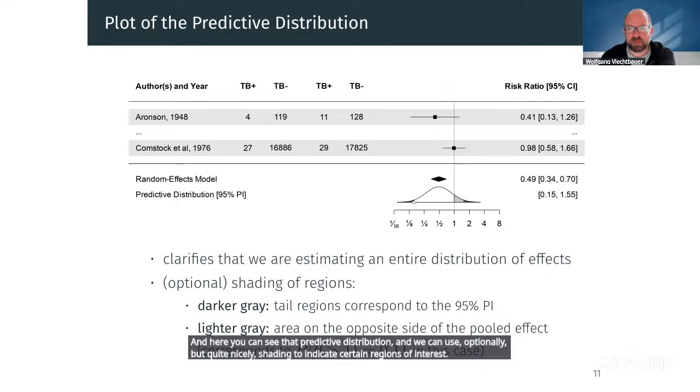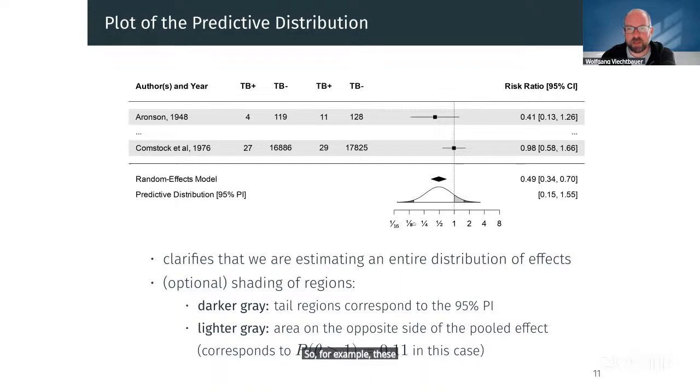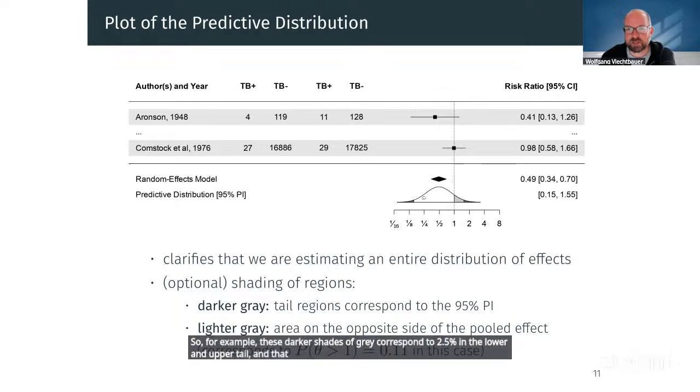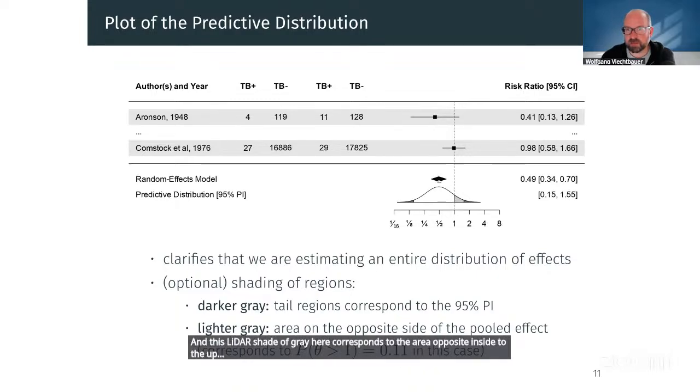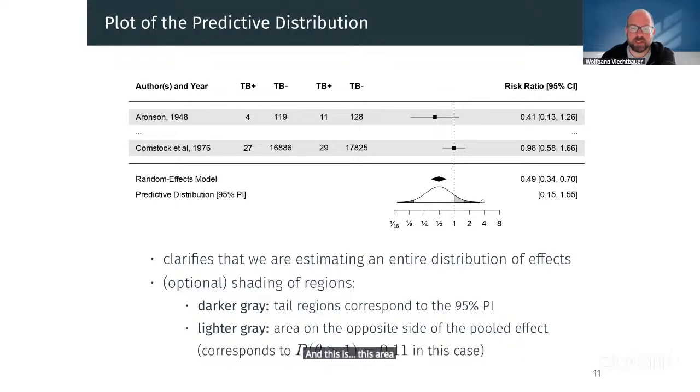So for example, these darker shades of gray correspond to 2.5% in the lower and upper tail, and that is the prediction interval. And this lighter shade of gray here corresponds to the area opposite to the estimated average effect. And this area here is the probability that the vaccine is not effective, which is around 11% here.